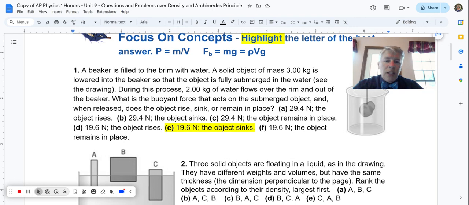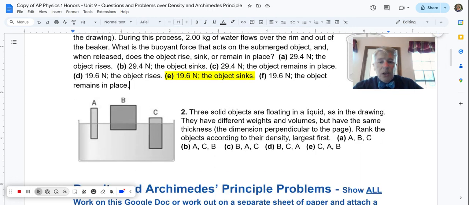The rho Vg for the liquid it's floating in should be equal to the rho Vg for the object. You can actually use rho Vg for objects as well. That's what's great about it. And so if those are equal to each other, if the depth on one is larger, then the density on the other has to be larger so that we have them balanced. So the deeper it is, the more dense it is.